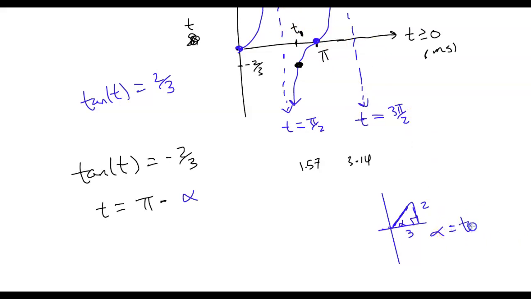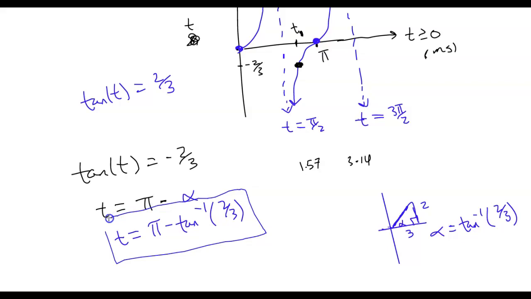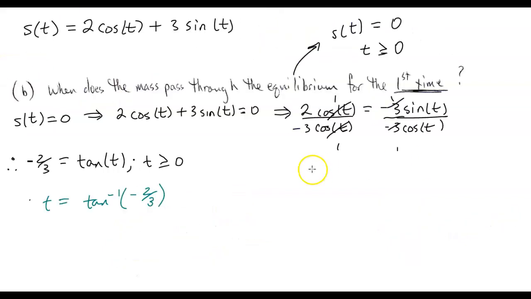So for all those reasons, we would have to find that first time by doing what you see here. That's why what we have here would be incorrect, and why we would need to rewrite it accordingly.